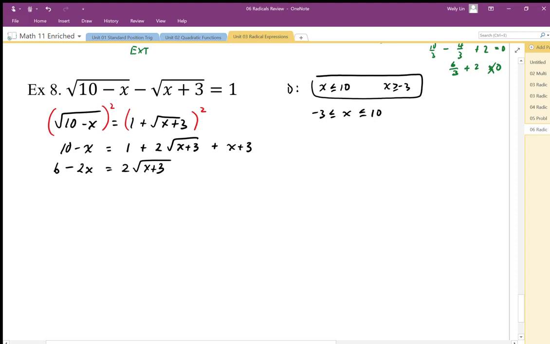Now, this extra 2 we can get rid of by dividing both sides by 2. That just simplifies the equation and makes it a little bit easier to work with. We'll get rid of the second square root by squaring. Again, it's a binomial, so make sure you expand out that binomial correctly.